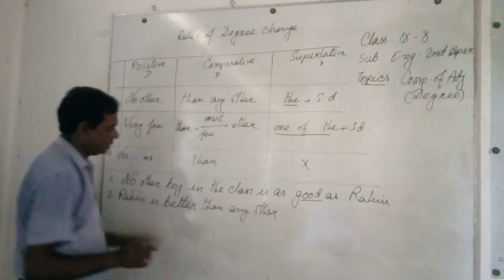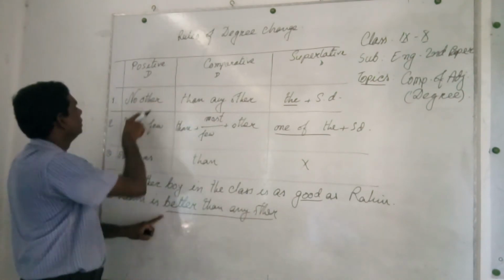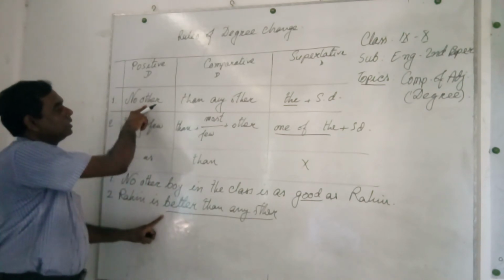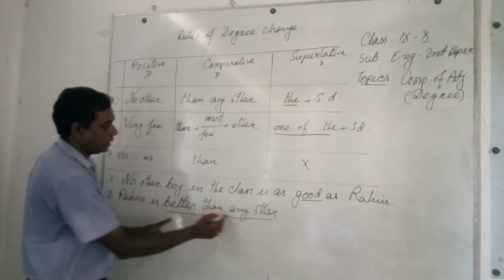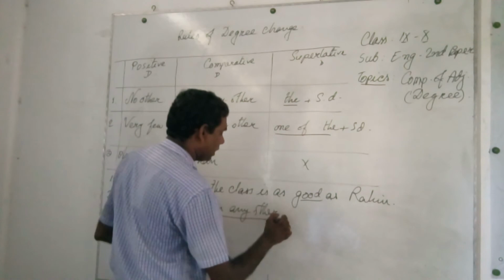Dear students, look at the table. Starting with no other in the positive degree, we change to the comparative than any other. Here, than any other boy in the class.